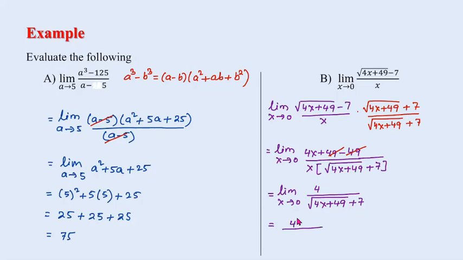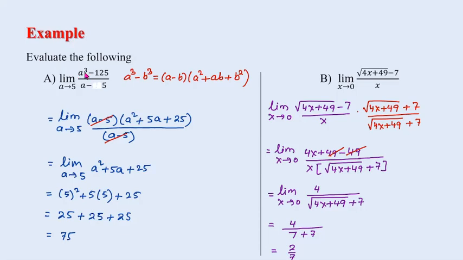And if you look at the denominator, if you plug in 0, 4 times 0 is 0. 0 plus 49 is 49. And the square root of 49 is 7. So that is a 7 plus there is another 7. So this is 4 over 14 or 2 over 7. So 2 over 7 is the limit.